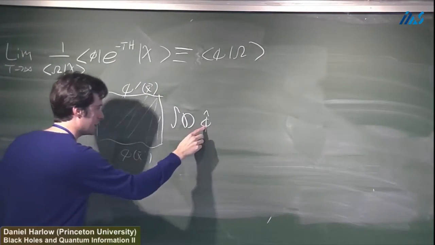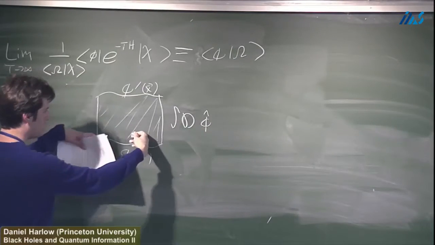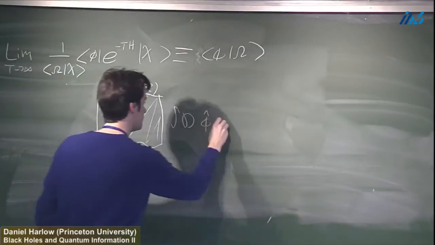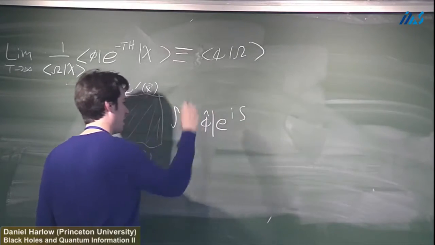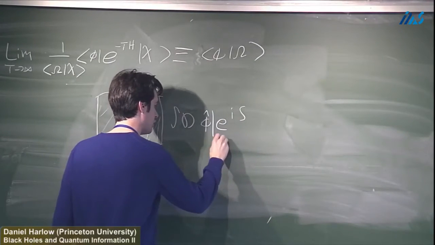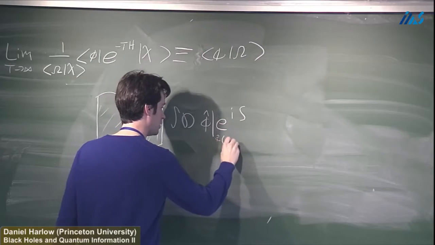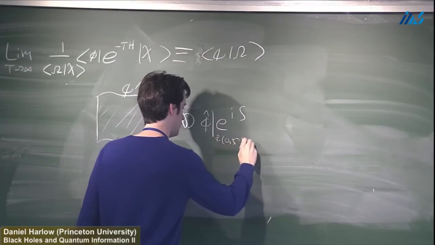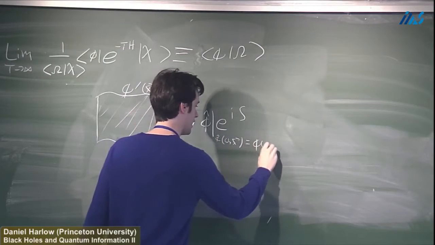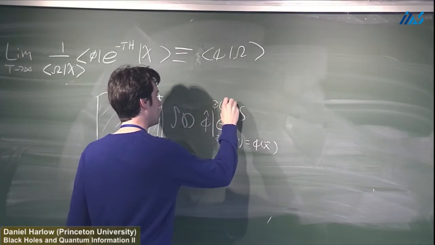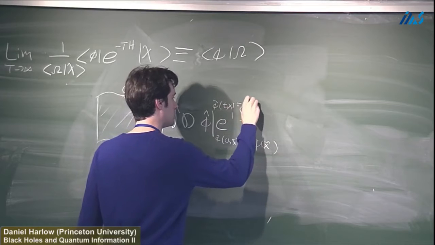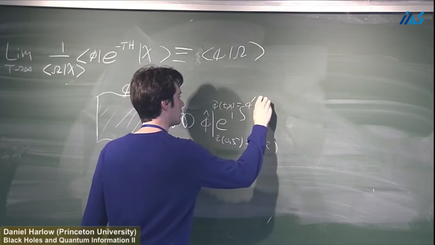This is a space-time configuration that you're integrating over because you're summing over the entire history, with the action. Then you pick the boundary conditions to be that phi hat of 0 and x equals phi of x, and phi hat of t and x equals phi prime of x.